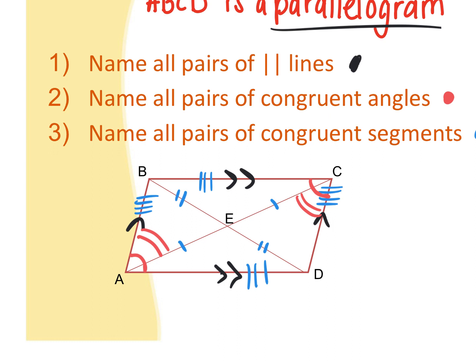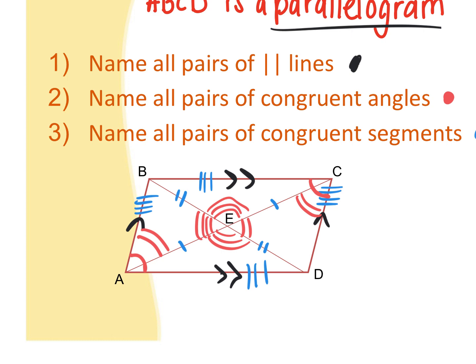Juan? Very good. BEC and AED. Why are those two congruent? German? They're vertical. Very good. Anyone notice another pair? Yeah, Daniel. BEA and CED. I love it.